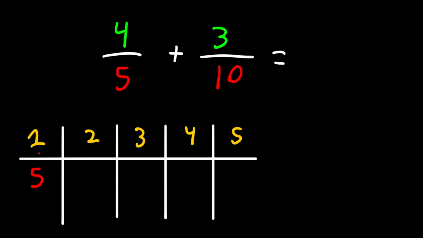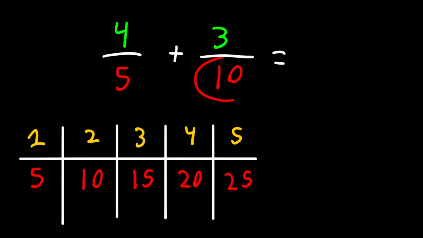So we're going to add 5. 5 plus 5 is 10. And now we're going to add it by itself. 10 plus 5 is 15. And now we're going to add it by itself. 15 plus 5 is 20. 20 plus 5 is 25.